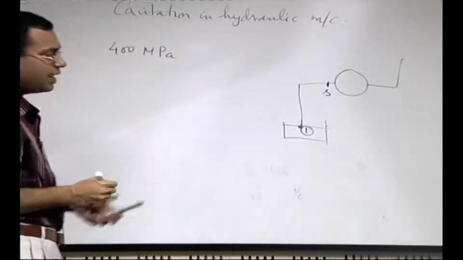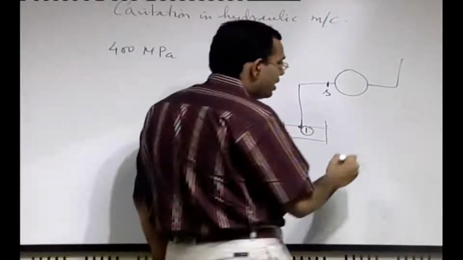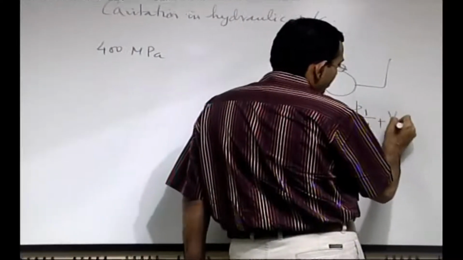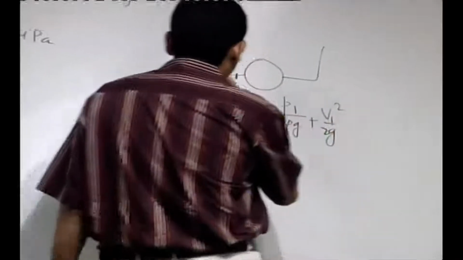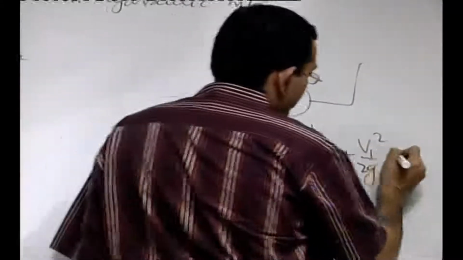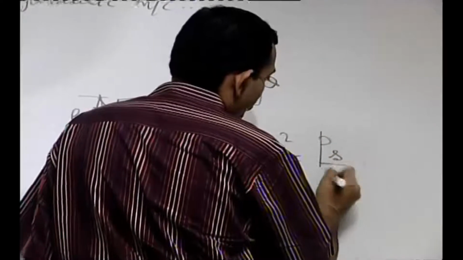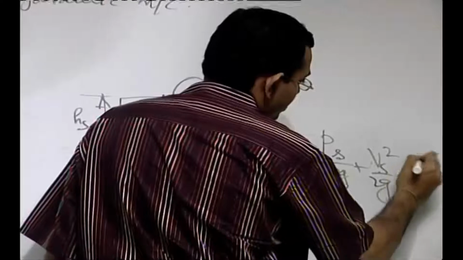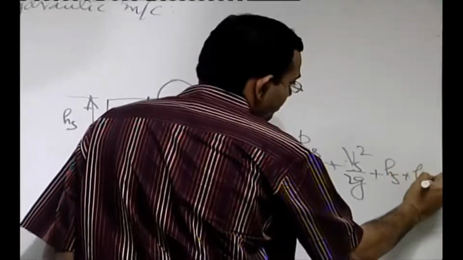If you apply the energy equation, you have P1 by rho g plus V1 square by 2g, and let us call this height Hs, is equal to Ps by rho g plus Vs square by 2g plus Hs plus Hsf.